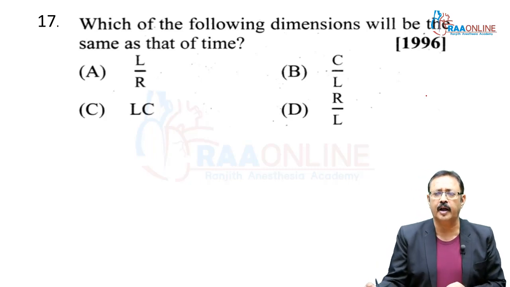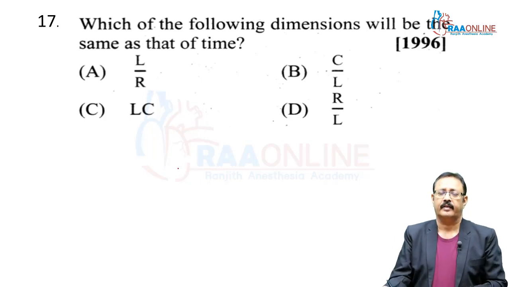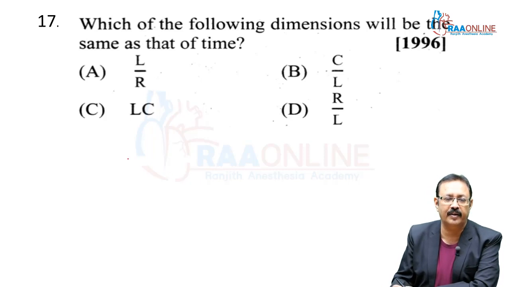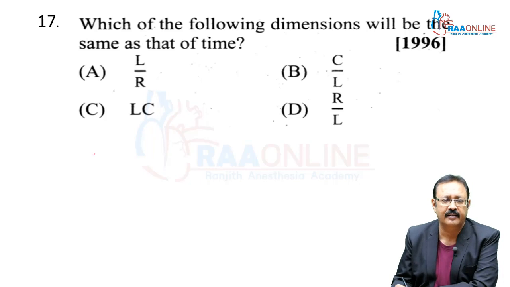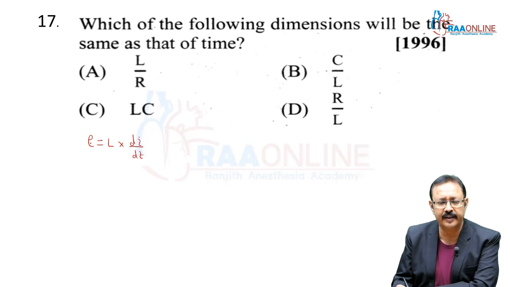Which of the following has the same dimensions as that of time? Again, we have to calculate L upon R. Where did you see this L? I told you E is equal to L di by dt. What was E?